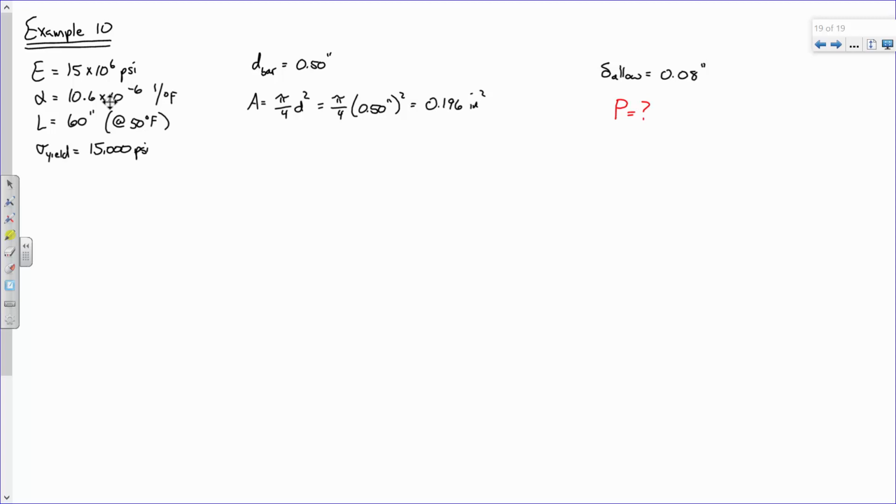Everybody okay with that? Now, that temperature is a little unique. So let's see if we can figure some stuff out about that. So let's look at temperature effects.